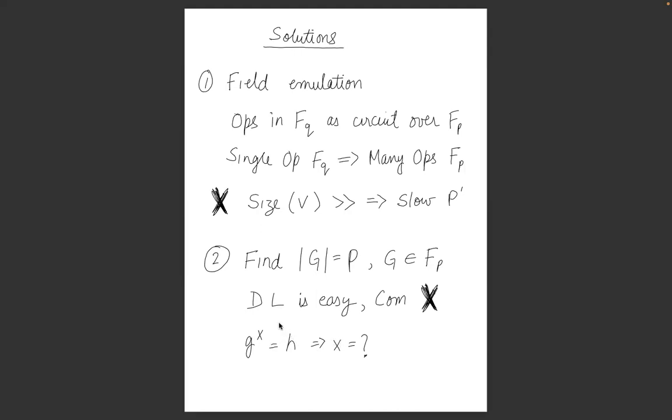This is called the discrete logarithm problem, and if we have a group of order p, which is also defined over a finite field of p elements, then the discrete logarithm problem will be very easy, and we cannot have commitments.